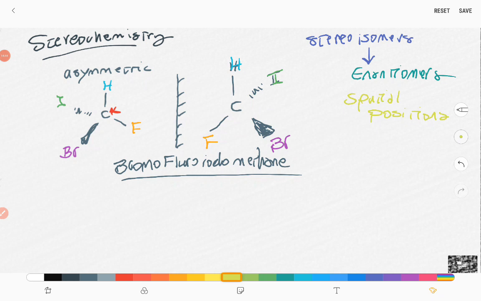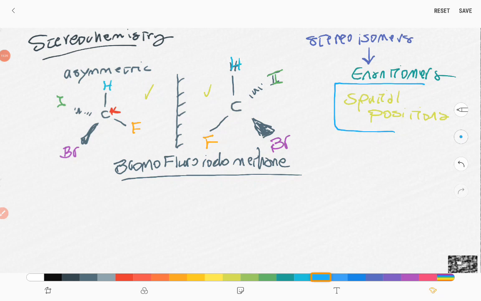And here's a thing. When we say they are similar in almost all properties, we can say, for example, these two molecules have the same boiling point, they have the same solubility, for example.